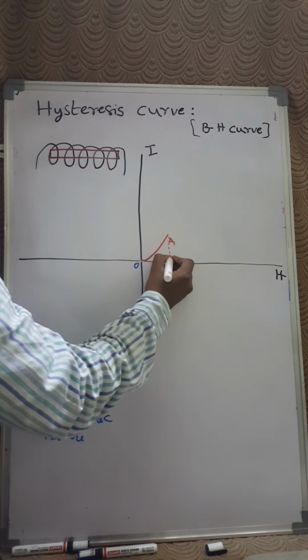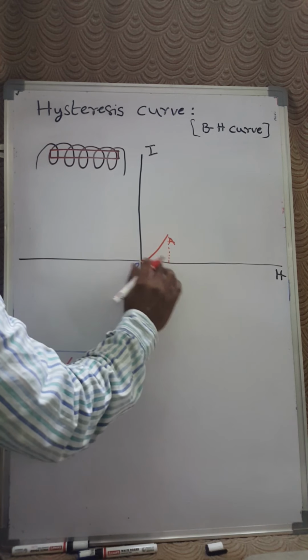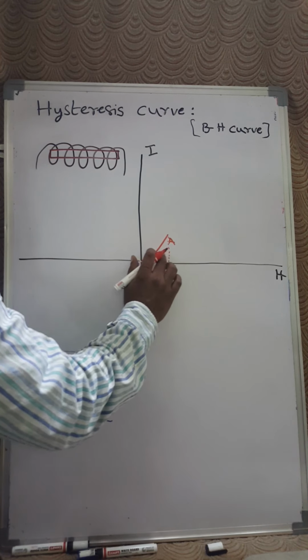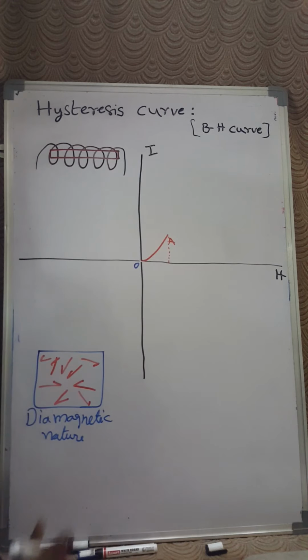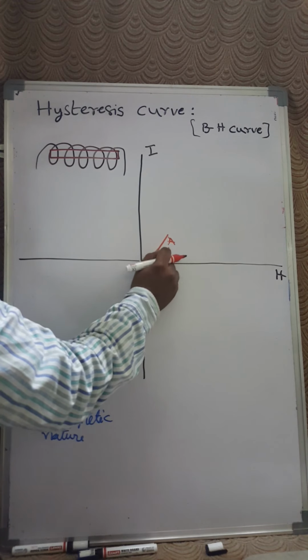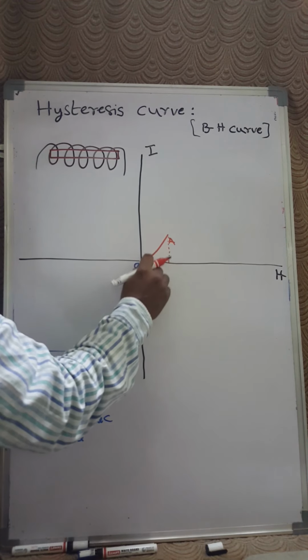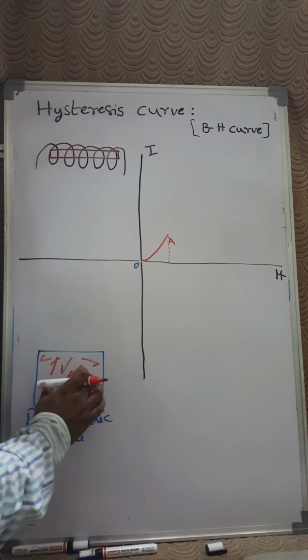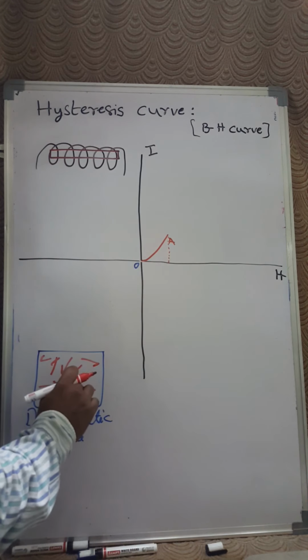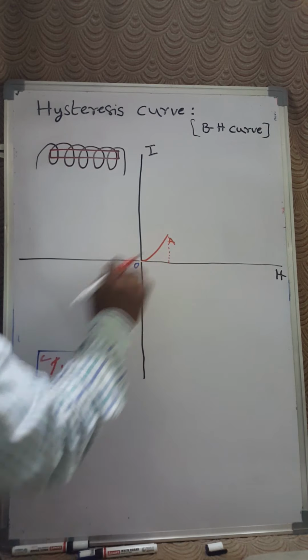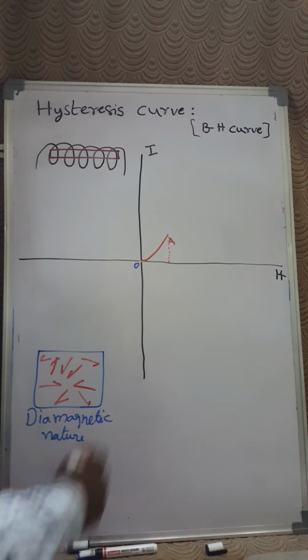Up to this particular field strength, what will happen? The magnetization increases. If I remove the magnetic field, the material will come back to the initial position. That means the spin alignment will not be retained by the material if we remove the applied field strength, right?